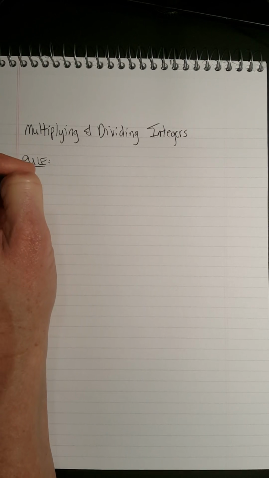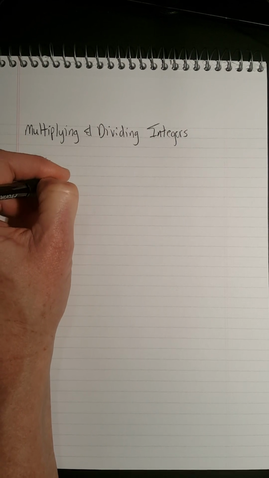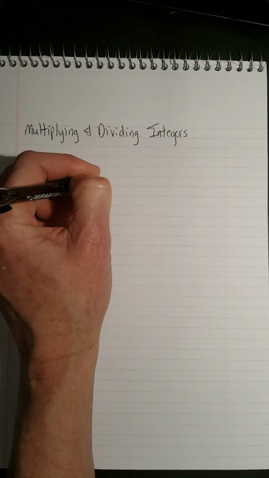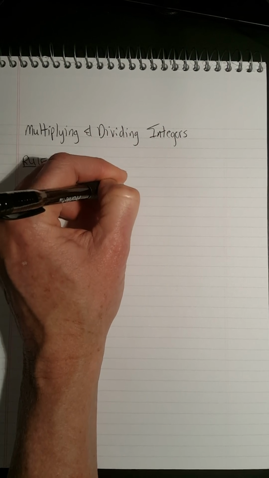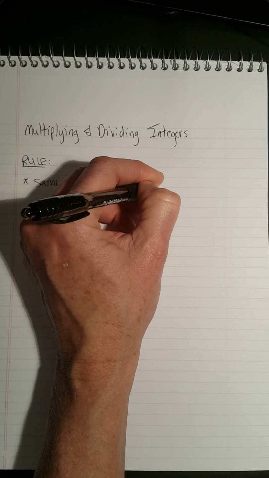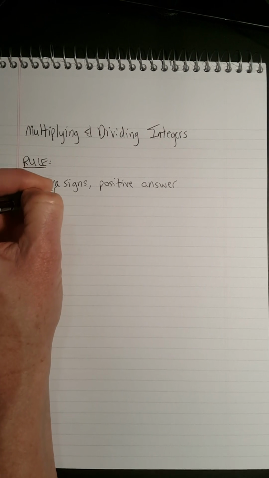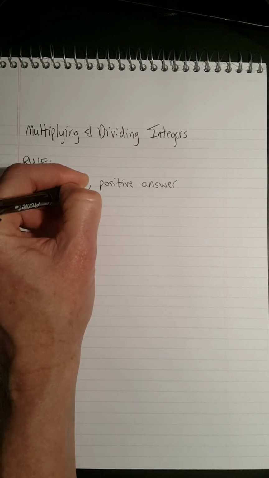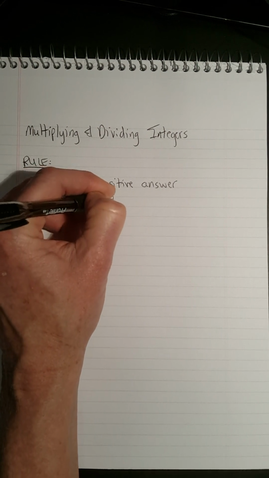If you know how to multiply and you know how to divide, then you know how to apply that to integers. You just need to remember the rule. So the rule is this. Again, same signs, positive answer, different signs, negative answer.